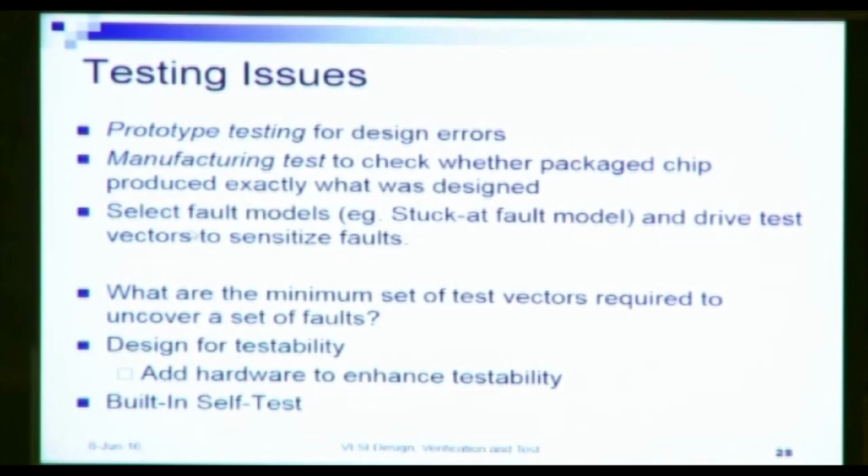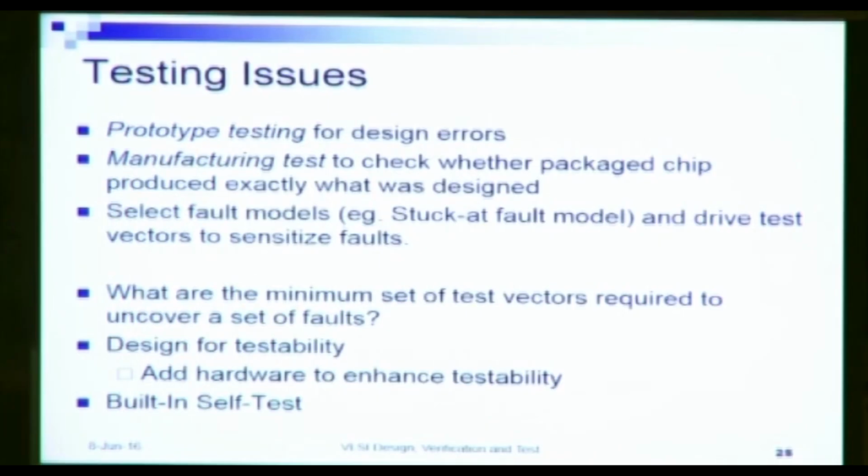Now how do you test? You test with respect to certain fault models. For example, you can have stuck-at fault models. You check whether certain gate inputs are always stuck at 1 or always stuck at 0. So how do you test that? These faults are discovered by driving certain test vectors to sensitize these faults.